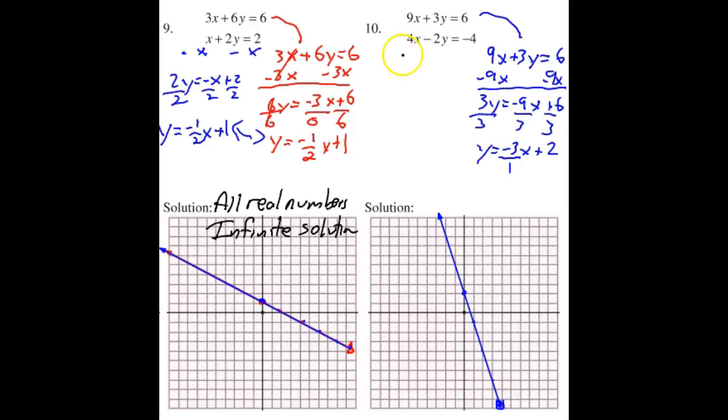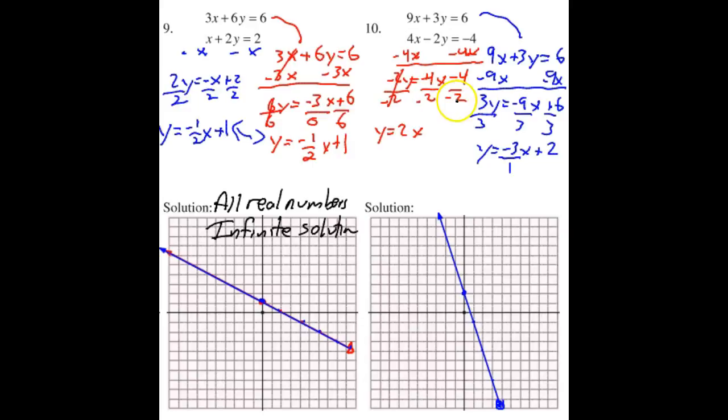And let's do the second one. We're going to subtract 4x on both sides. So negative 2y equals negative 4x minus 4. Divide everything by negative 2. So we'll have negative over negative, that'll be positive 2. So y equals 2x.